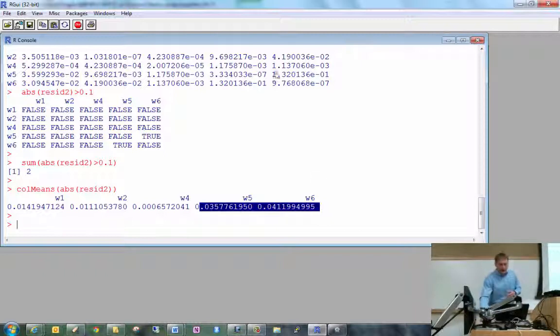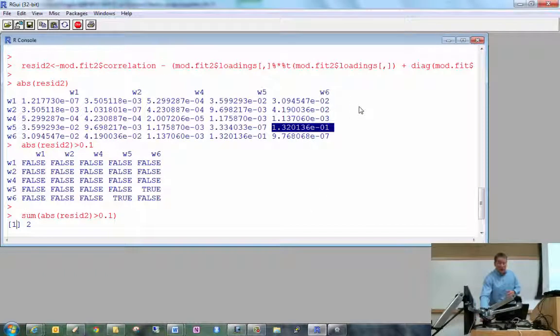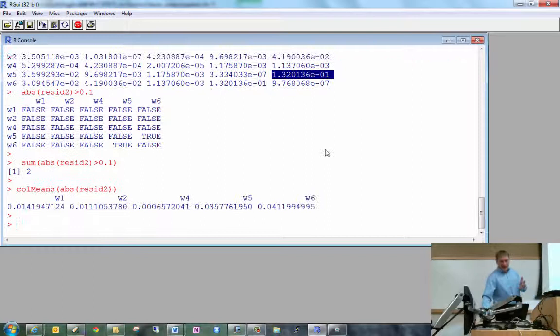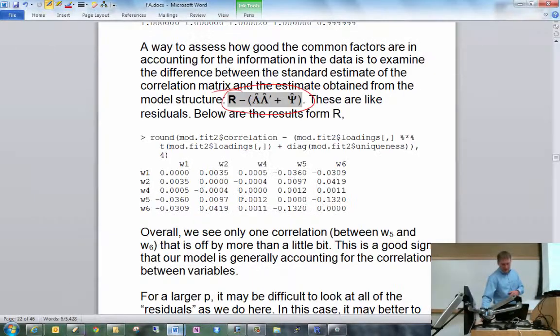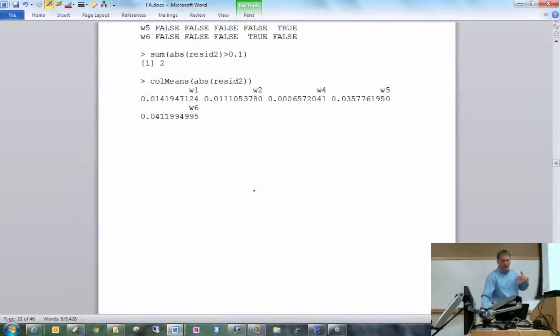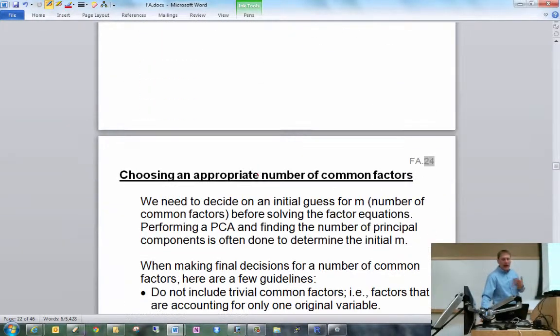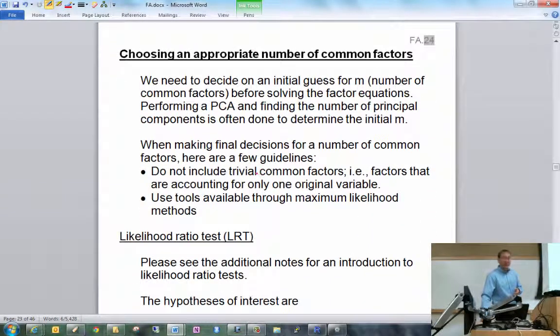Why is it the last two columns? Again, it has to do with the W5, W6 combination. Okay, so again, I got that idea to look at that from SAS. Okay, so that's one way to evaluate how well your model fits the data.